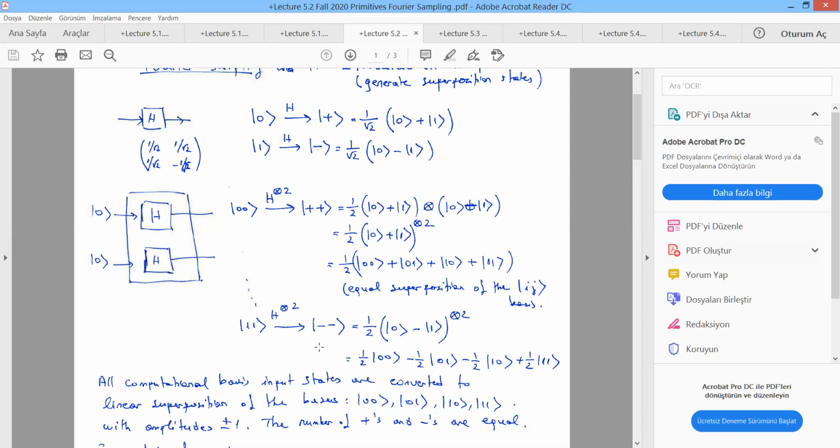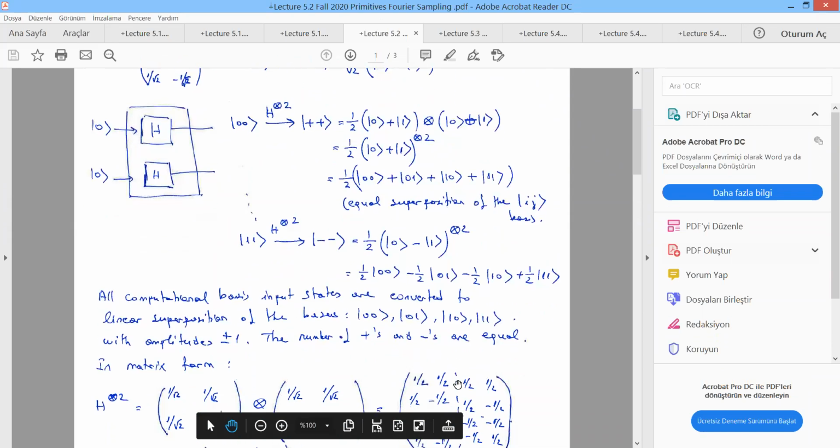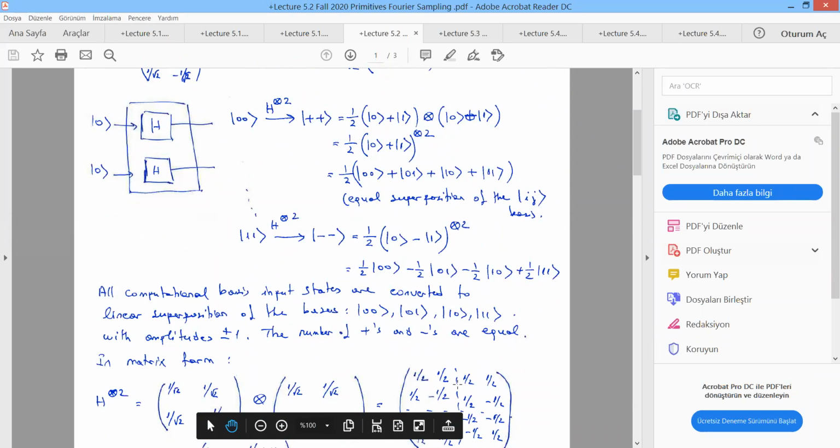So all computational basis input states are converted to a linear superposition of these 2 to the n basis states with amplitudes plus and minus 1.